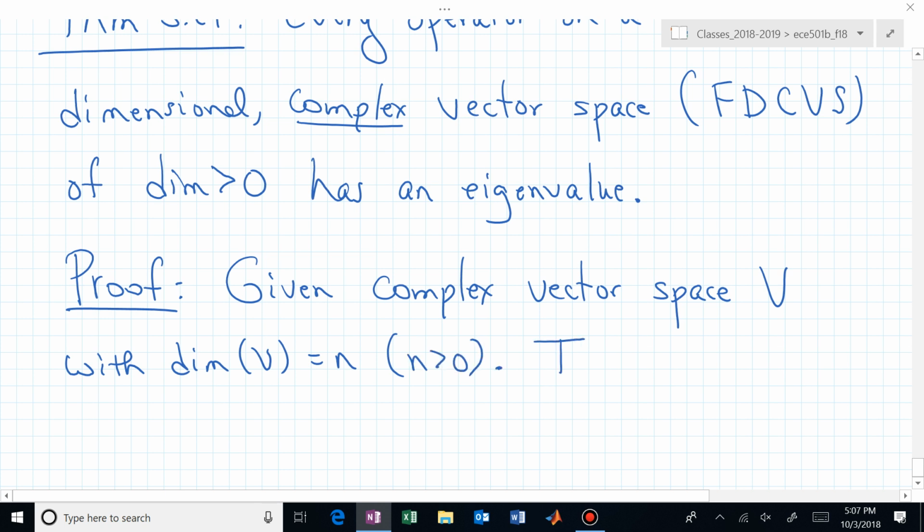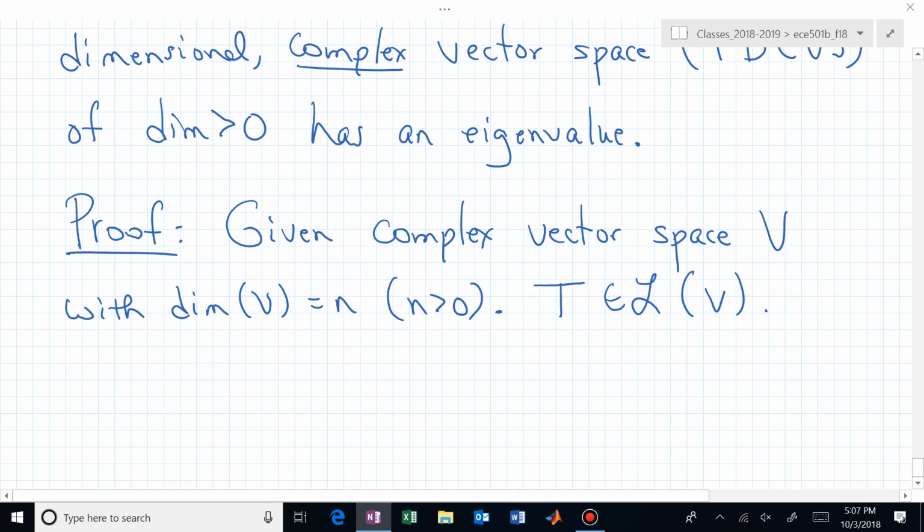And our linear map T is a linear operator. So now let's choose a vector, v, in that vector space, and let's say that that vector is not the 0 vector.